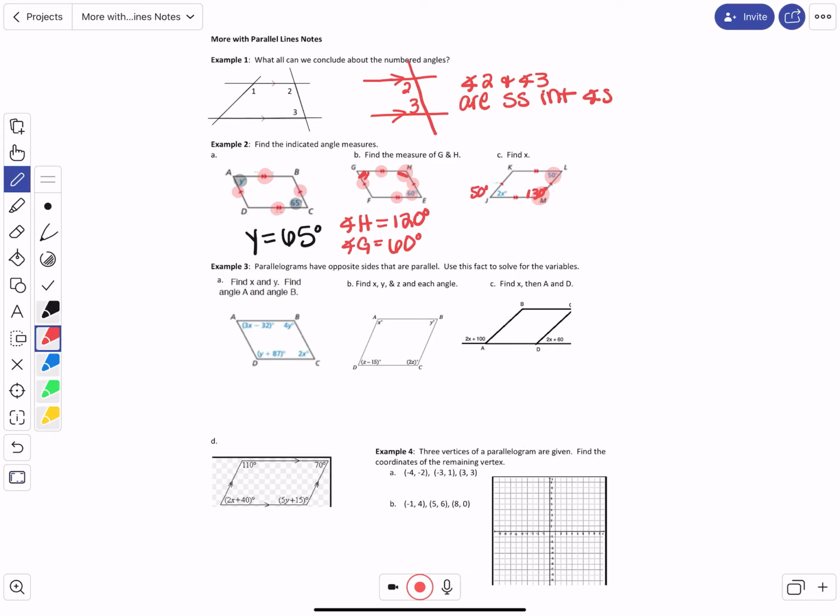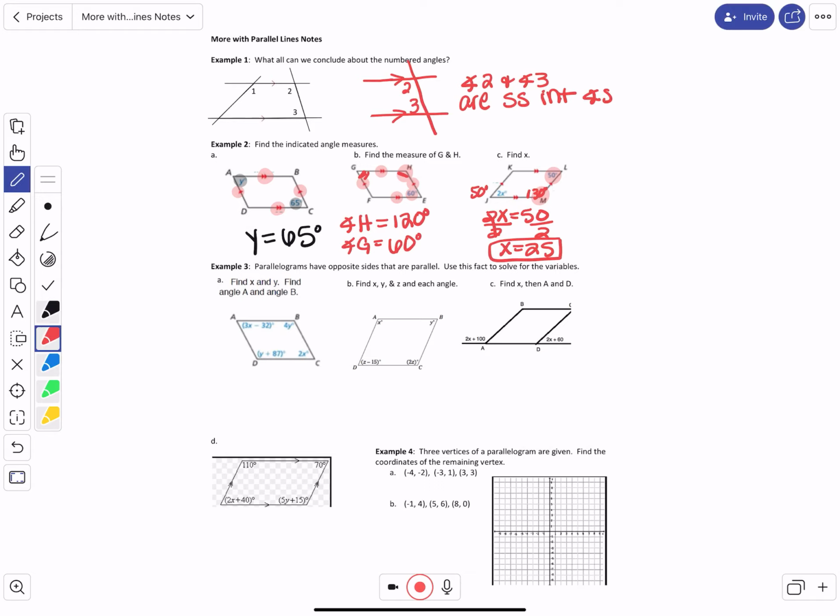Okay, so basically we now know that opposite angles are congruent like that. So we could do 2x equals 50 degrees, divide by 2, so x equals 25.